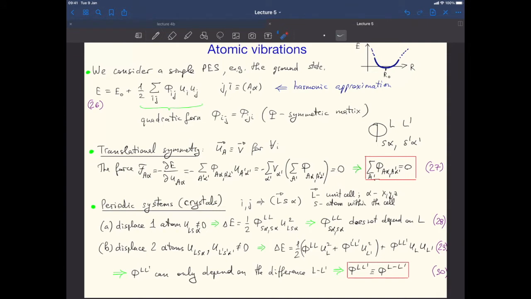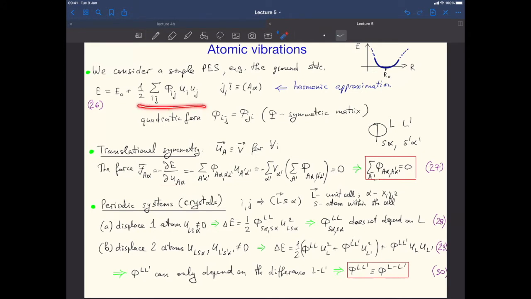And this follows from the following consideration. Imagine we displace all atoms by the same vector V. In that case, the energy would not change, of course, because the whole crystal will be just translated by that vector. And the atomic forces, if you calculate them from this expression for the energy, would simply be the derivative of the energy with respect to displacement.